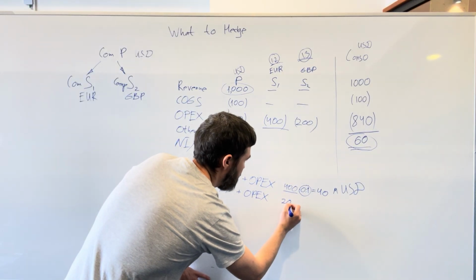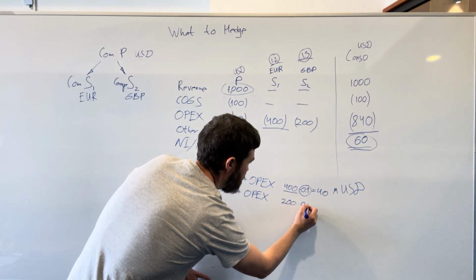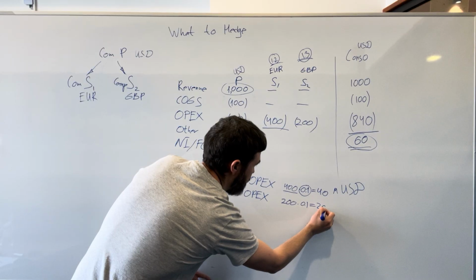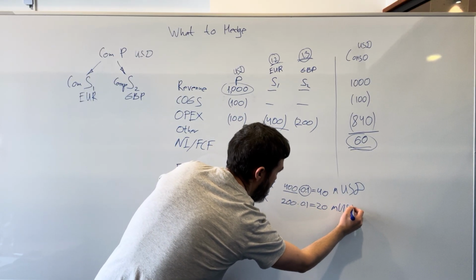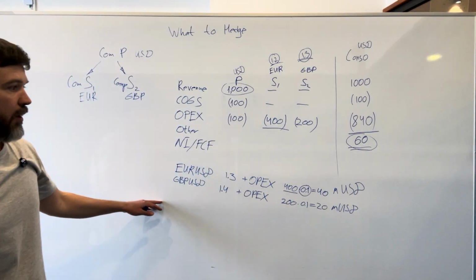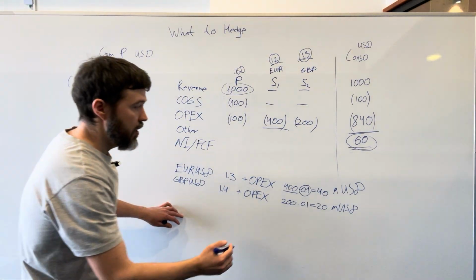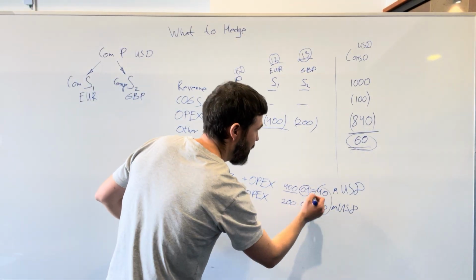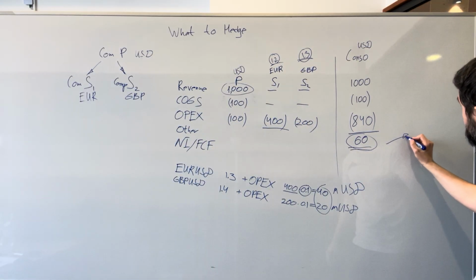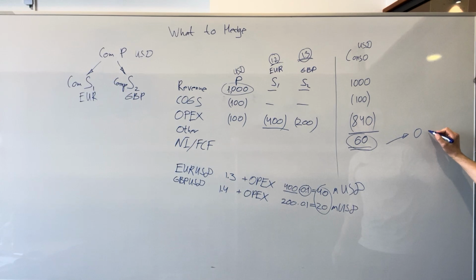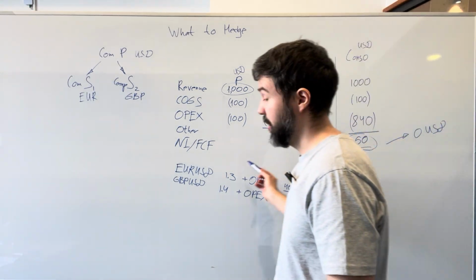It's 200 multiplied by 0.1, so additional $20 million. If you sum it up, it will give your profit 0. This is a dramatic change.